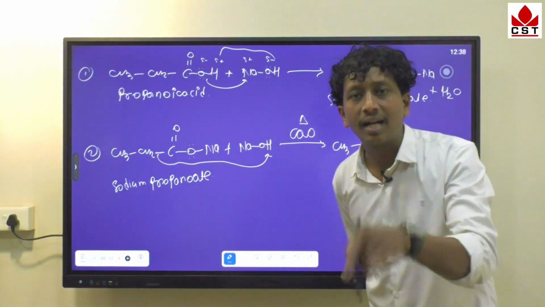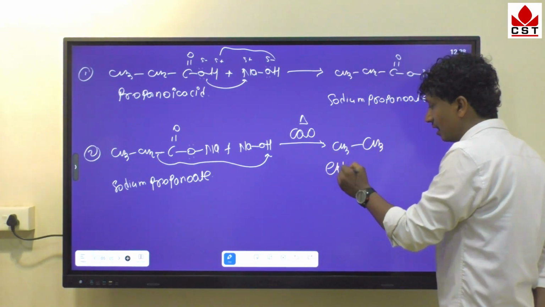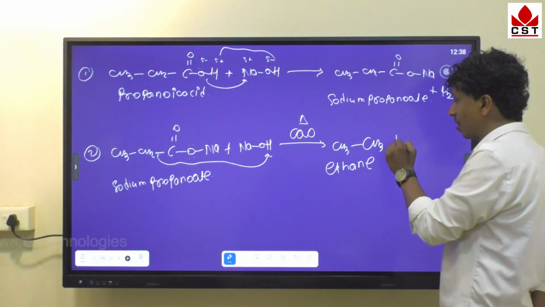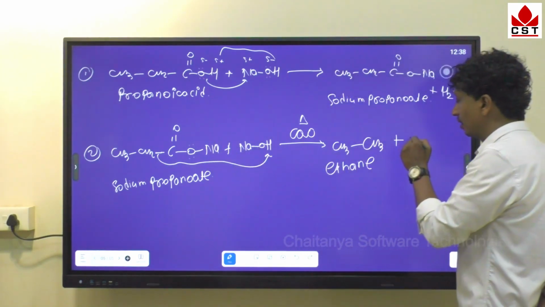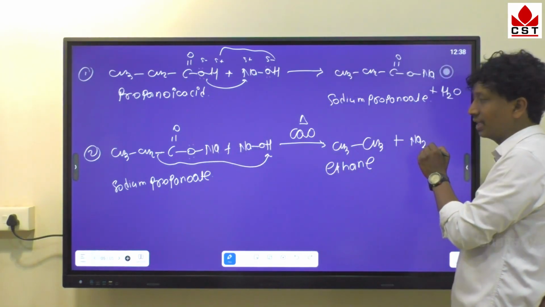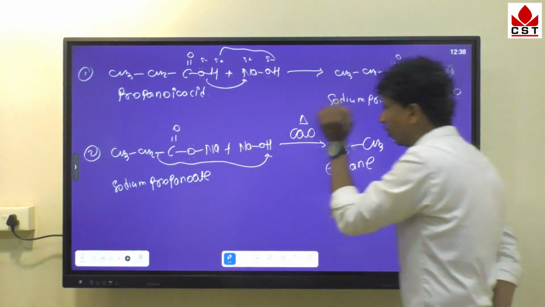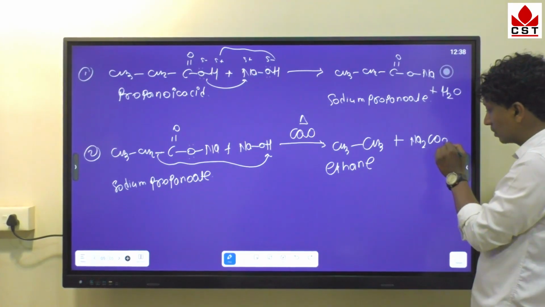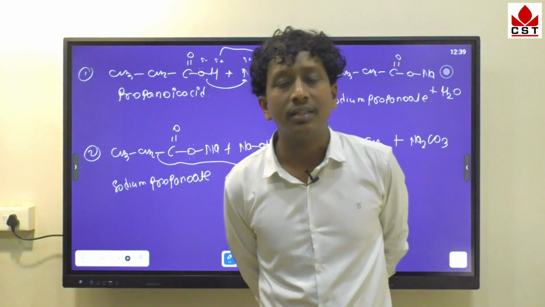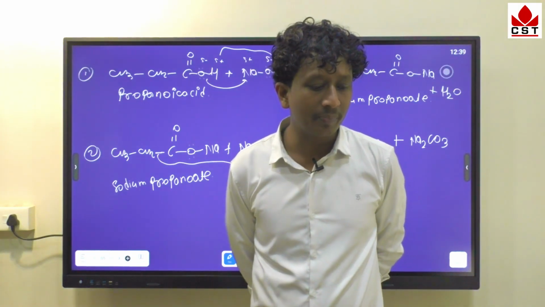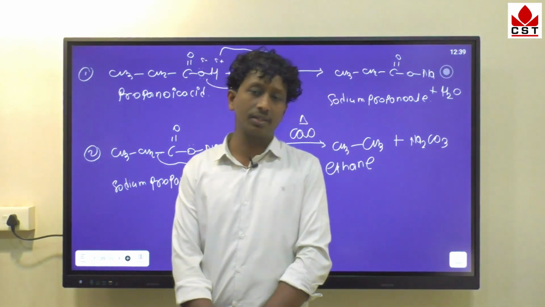The alkane, with a carbon-carbon single bond, is a hydrocarbon: CH3CH3 is ethane. So in the reaction, there is sodium, Na2CO3, a COO minus CO3, which is the decarboxylation reaction. This reaction is also called the step down reaction.